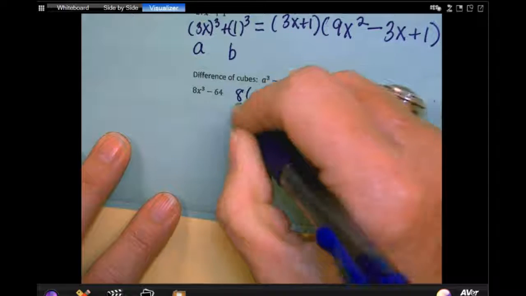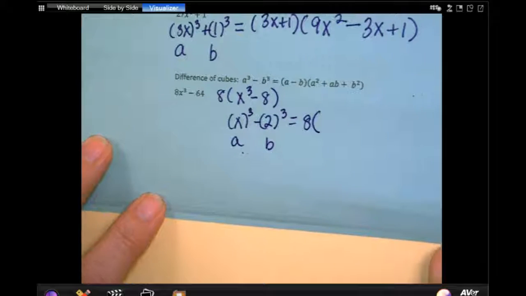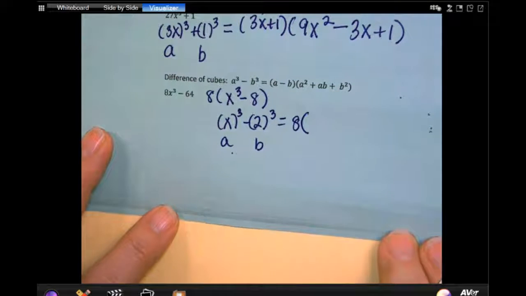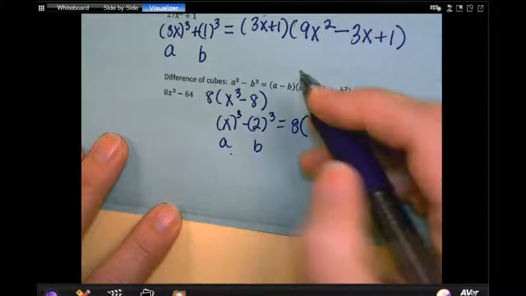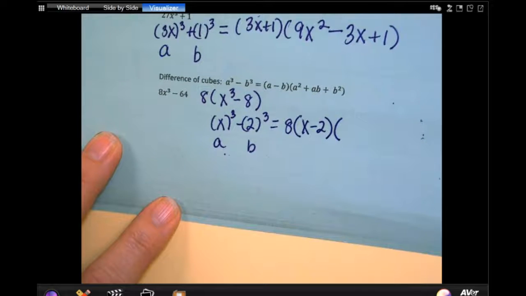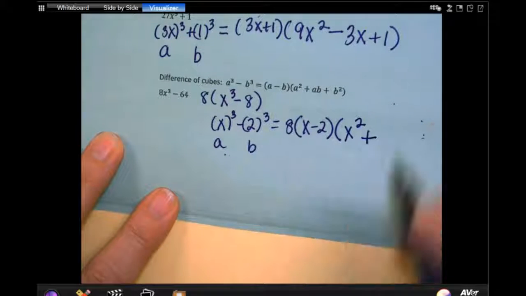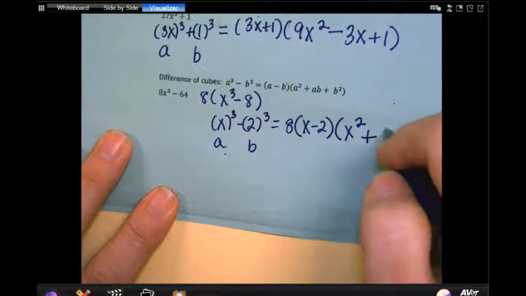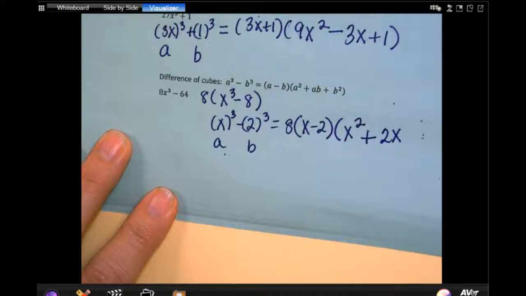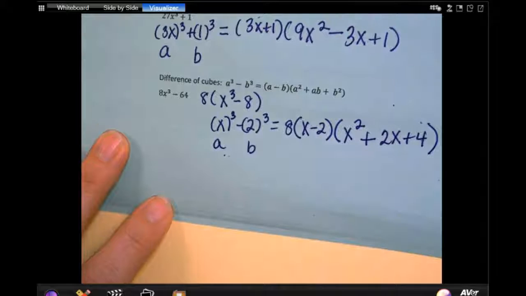So I'm going to use my 8. I'm just going to write it in front. 8 times. So I'm going to take a minus b. So that's x minus 2. A squared gives me x squared plus a times b is 2x and b squared is 4. That does not factor.